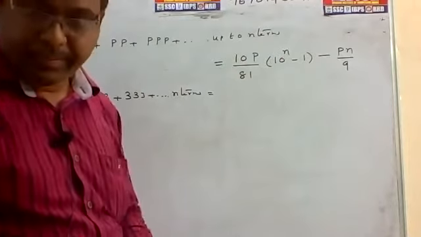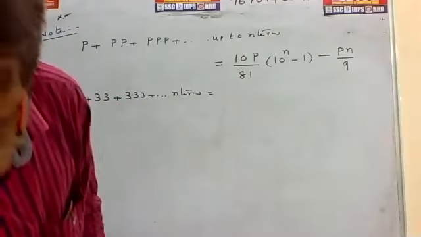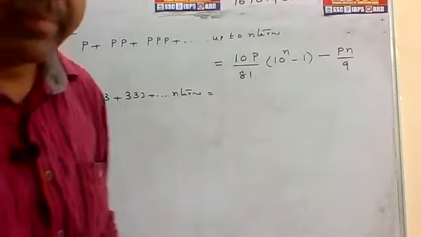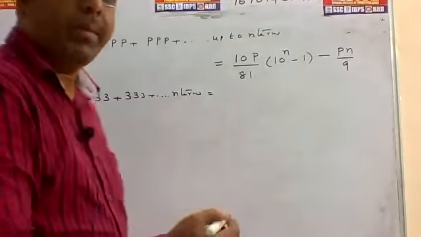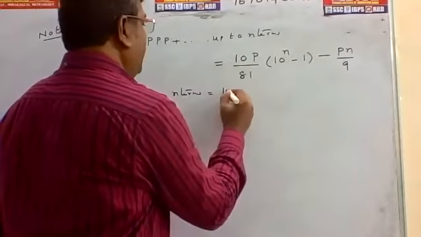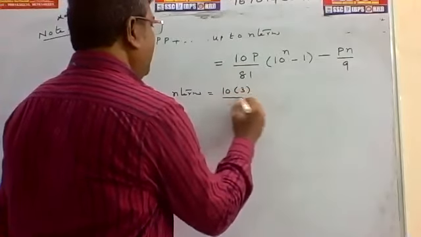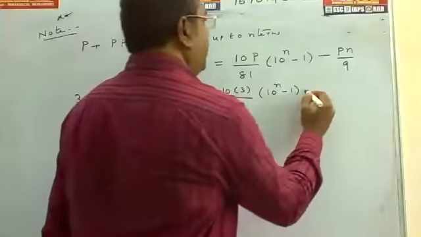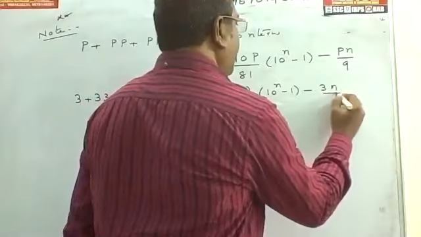Now see here. I am applying here 10 into P, which is 3, by 81 into (10 to the power of n minus 1) minus P, which is 3, into n by 9.